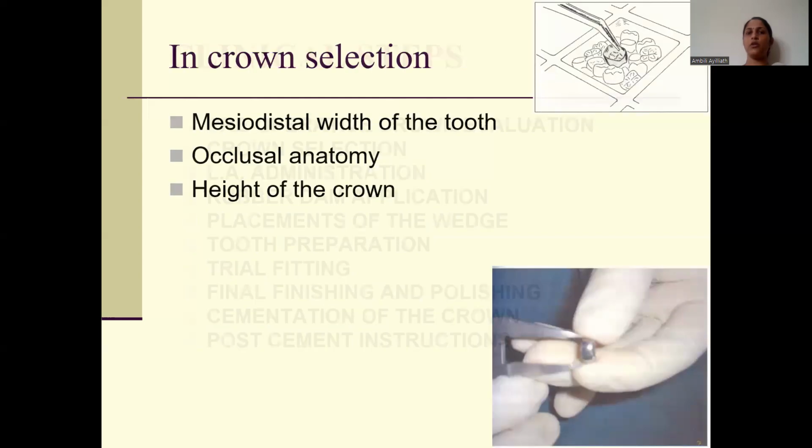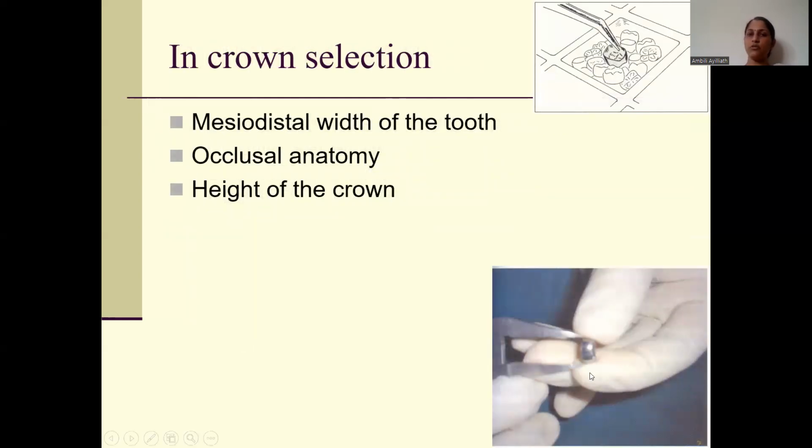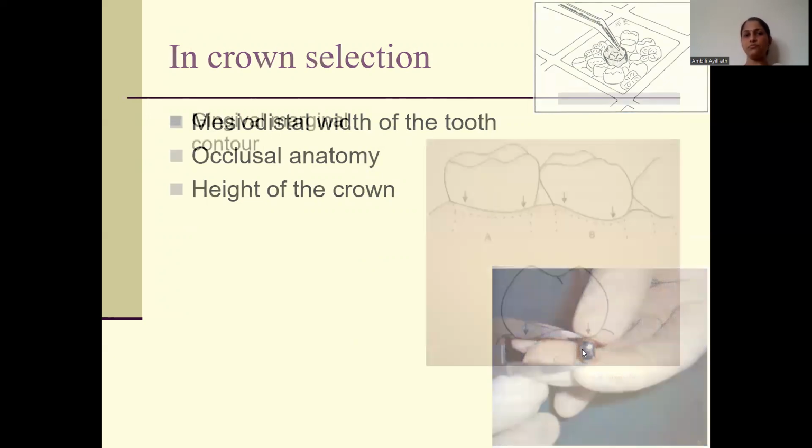For crown selection, we first have to check the mesiodistal width of the crown. There are various methods: the trial and error method, or we can use Boley's gauge to measure the mesiodistal width of the crown. We have to see the occlusal anatomy and the height of the crown, everything, before selecting a crown.